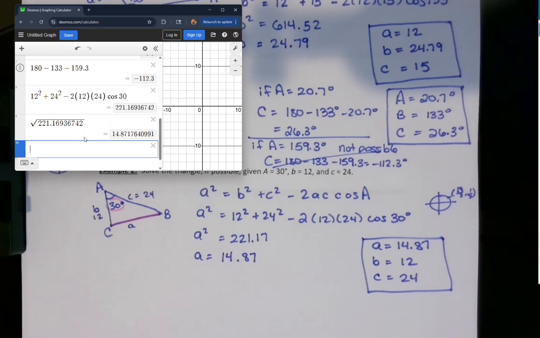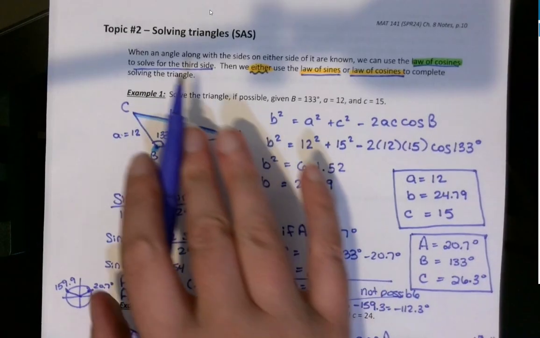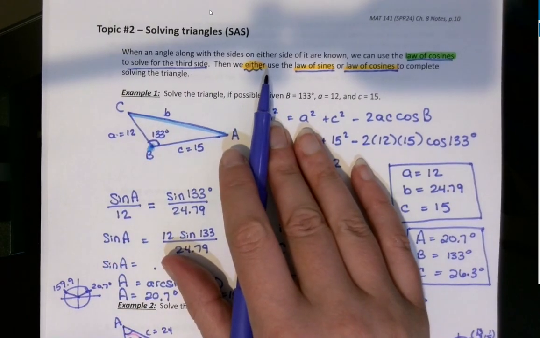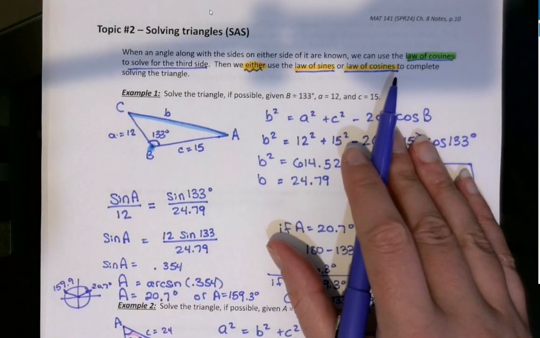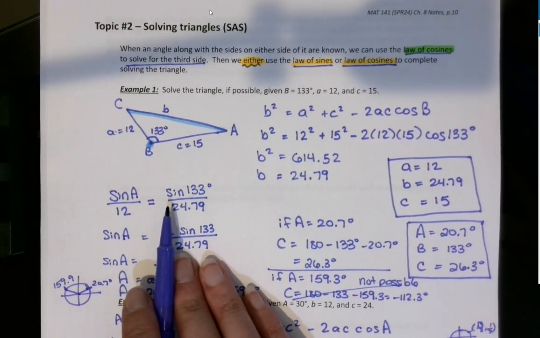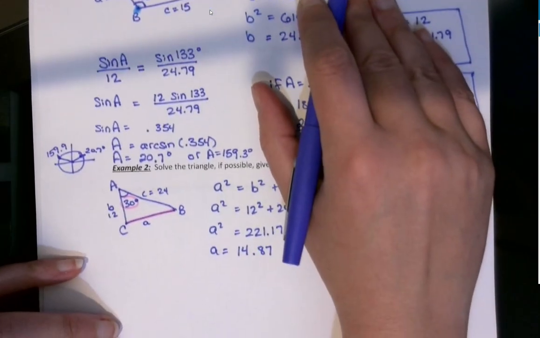Once again, after I use law of cosines to find that third side, I can use either law of sines or law of cosines to complete solving the triangle. I used law of sines last time, so just to see how it's going to look, let's go ahead and use law of cosines to find one of the missing angles.